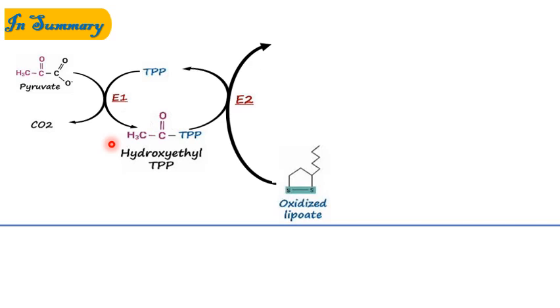E2 will catalyze the transfer of the hydroxyethyl group to the oxidized form of the lipoate, and it will form an acetylated lipoate. This acetylated lipoate is half oxidized. It is not fully reduced. If you look at it very well, you will find that the SH here is reduced, while the other S is not reduced.